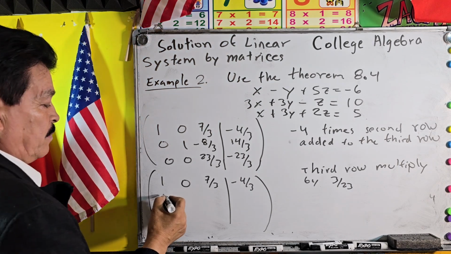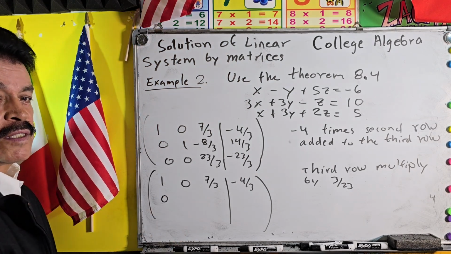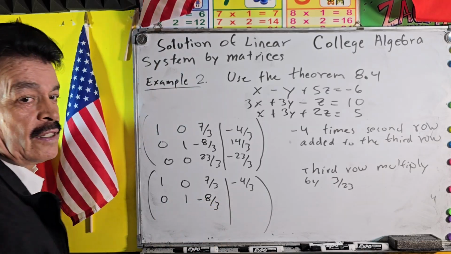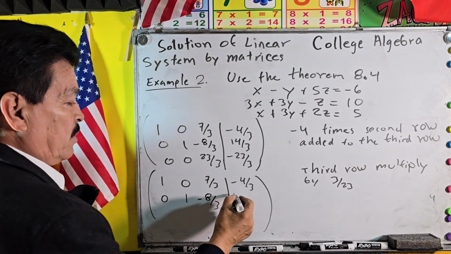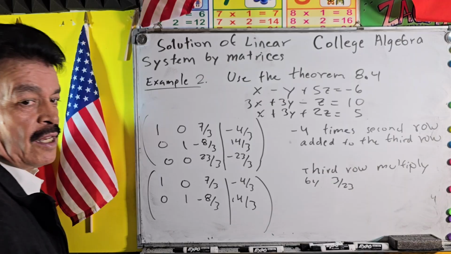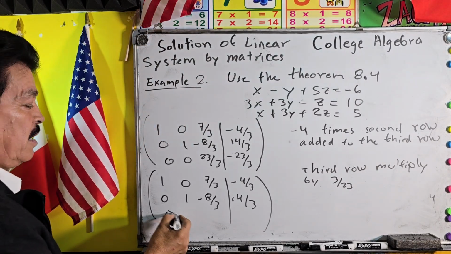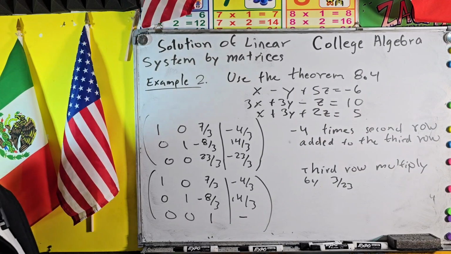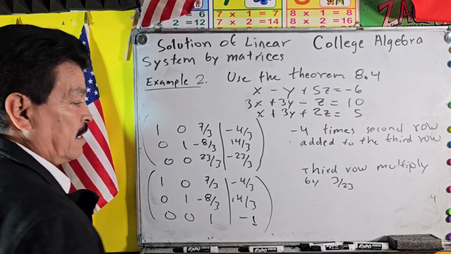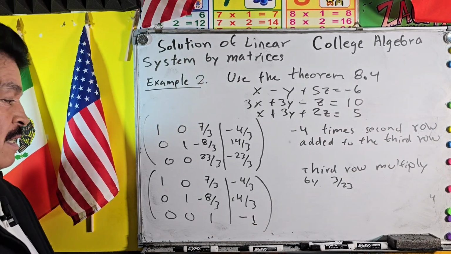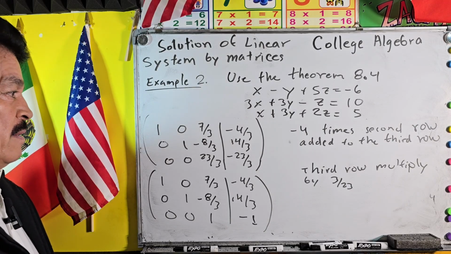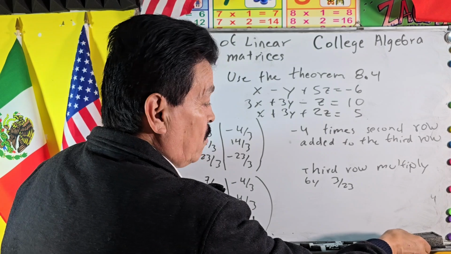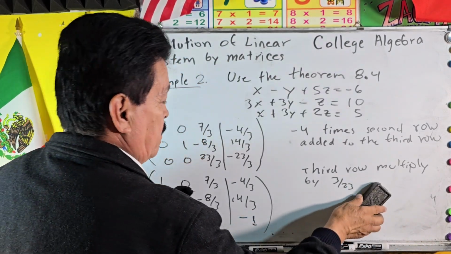Okay, here 0 is going to be 0, 1, negative 8 here, and 14, 42 is the same. So focus on the last one, 0, 0. Here we will have 1, and then right here now is the change. See, right there. Okay, take a look. So let's go. Almost finished. Almost end.